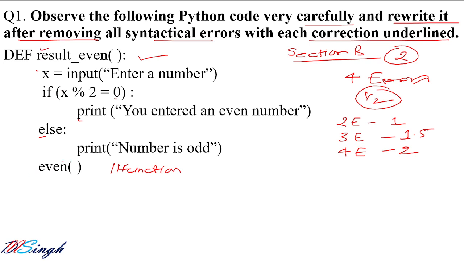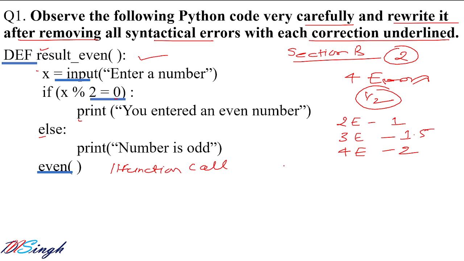So these are the 4 errors. Let us see where we find them. The first error is in def; the next error is in typecasting, where we typecast the return value of the input function. After that, the next error is in the comparison of the if condition, where assignment is not required but the comparison operator is required. And next is the name of the function at the place of the function call.